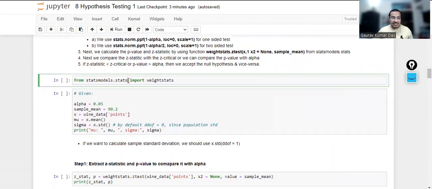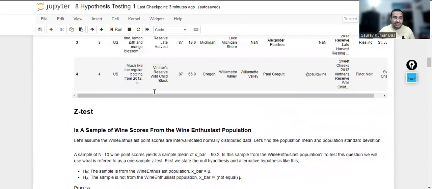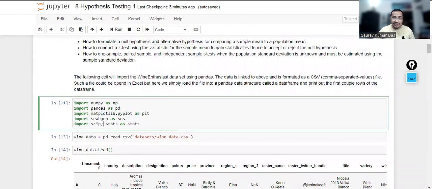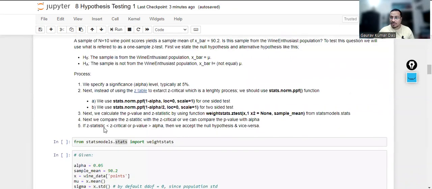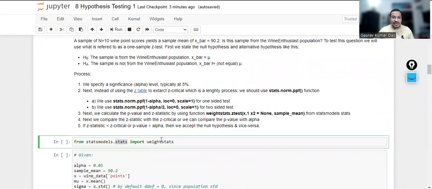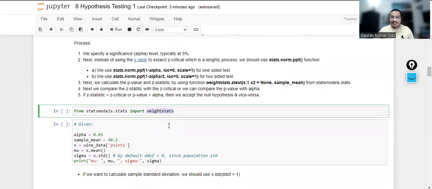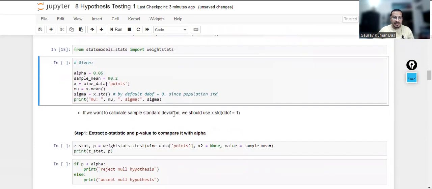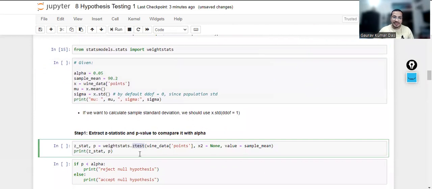First, let's import the necessary function which is required. So from statsmodels.stats, here instead of from scipy.stats, we are importing it from statsmodels. From statsmodels.stats, import weightstats. From weightstats, we'll be actually importing the z-test.